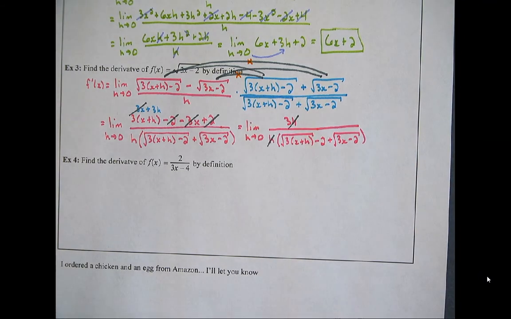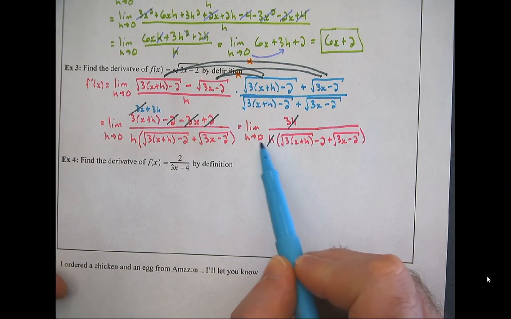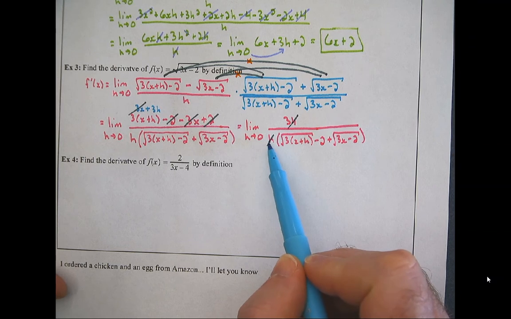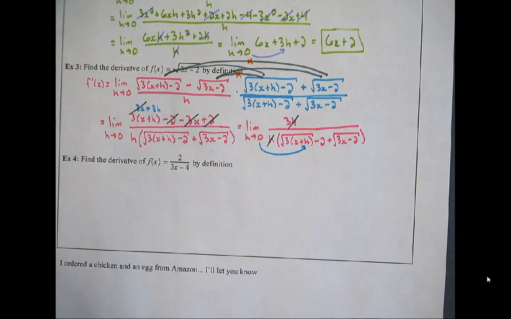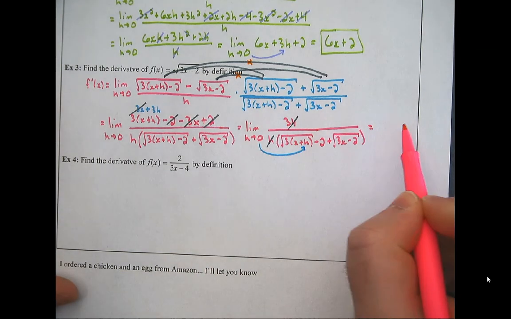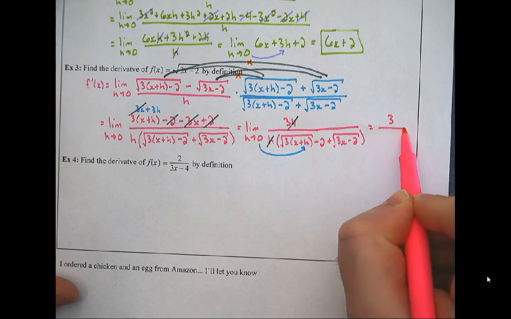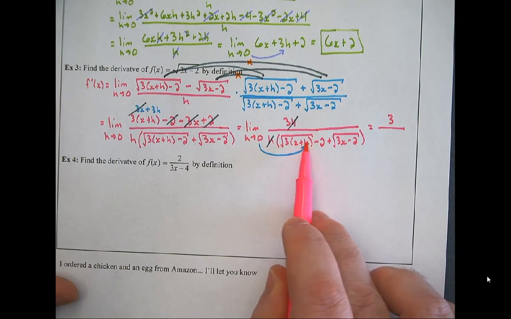That h in the denominator was the h that was causing us to be unable to plug this 0 in. So now that I've killed this h here, I can now put this 0 in for this h. And let's see what we're left with. So I would have just the 3 on the top over. Okay, so I put 0 in there.